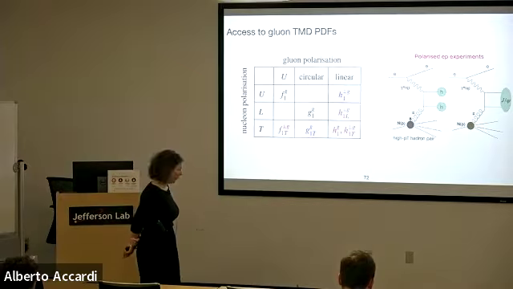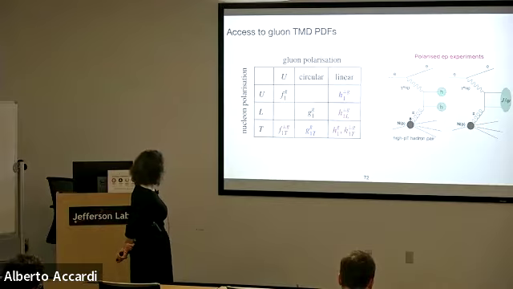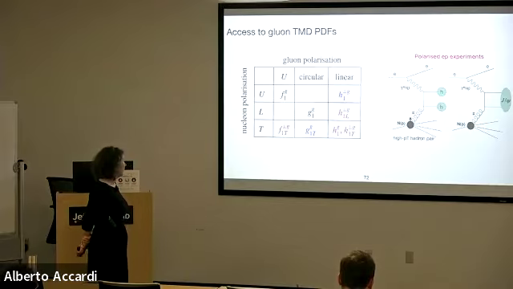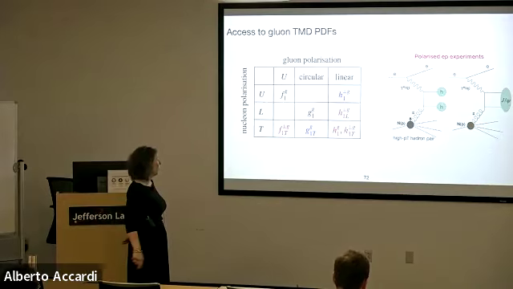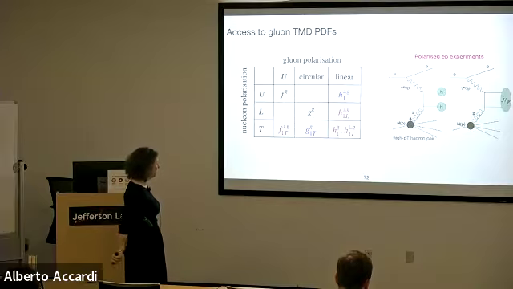So this was for the LHC, for example, what we can do, and then for the EIC, as I already said, we can look at hadron pairs or the production of quarkonia, because this one is directly sensitive to the gluon.